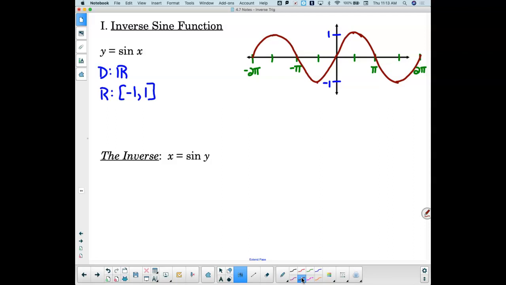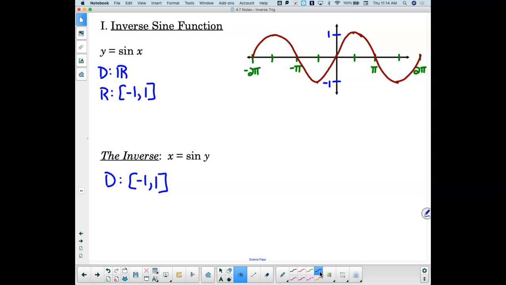So, take that one more step further. My old domain is my new range. My old range is my new domain. So down here on the inverse, my domain now is from negative 1 to positive 1.